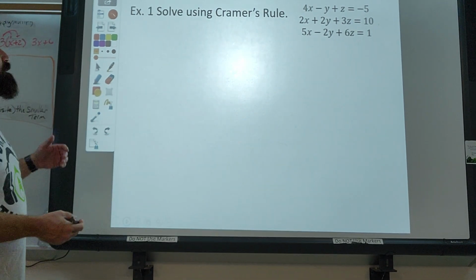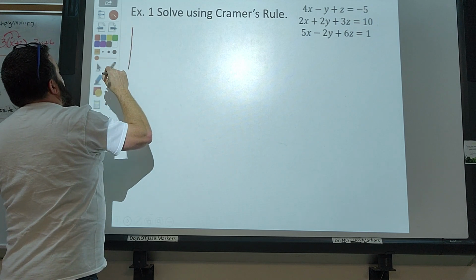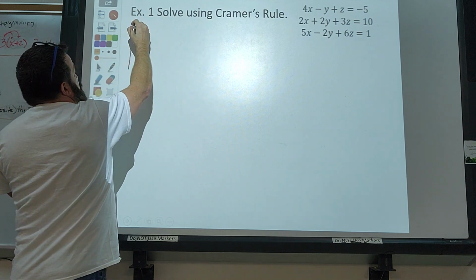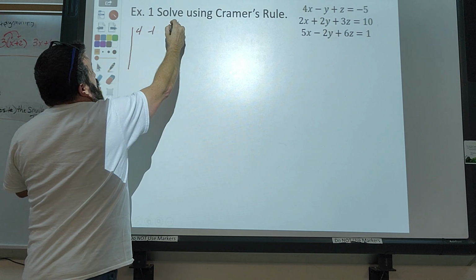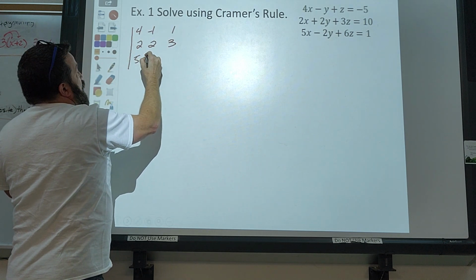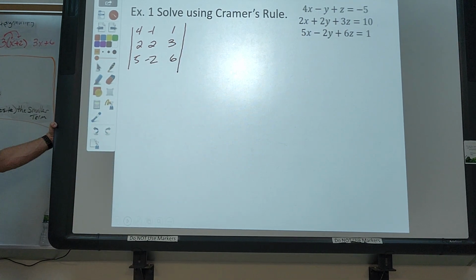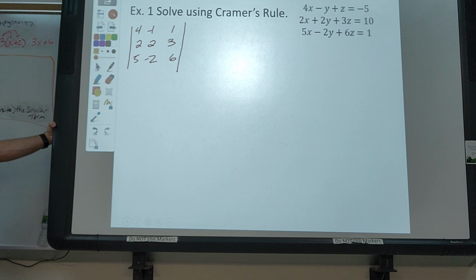So I'm looking at the coefficients 4, -1, 1, 2, 2, 3, 5, -2, 6. I want to find that determinant and make sure it's not 0. This is my denominator for all three variables.